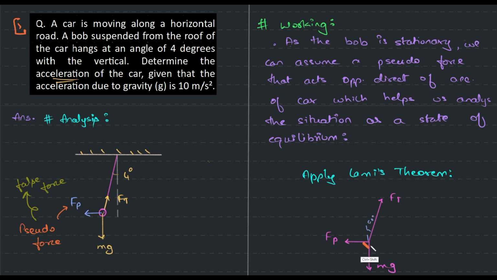This is clearly 90. So this is 90. This has to be 180 minus 4 degree. And this would be 90 again. So 90 plus 4. Agree, guys? All this sounds okay?